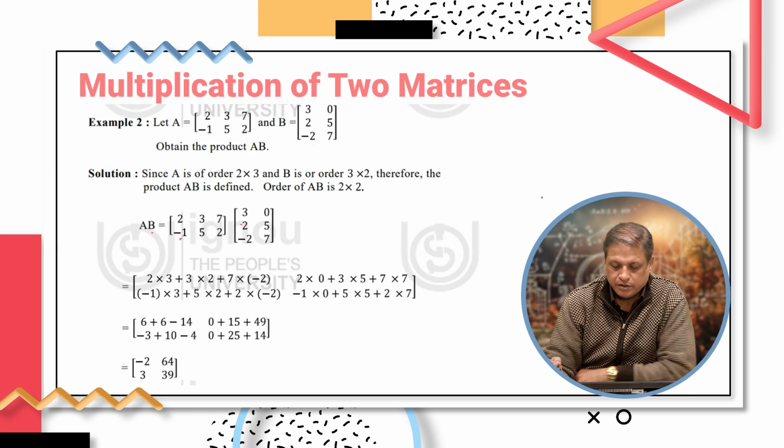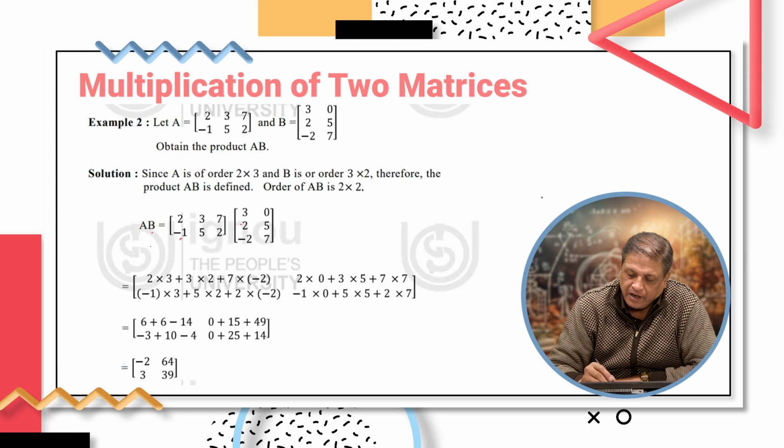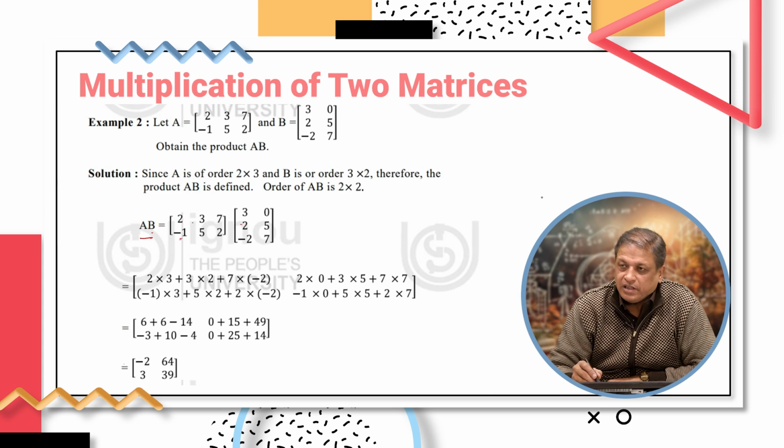So, the first thing is we write AB as matrix A and matrix B. Then we need to multiply pointwise, such that the columns of matrix 1 and the rows of the second matrix are multiplied pointwise.